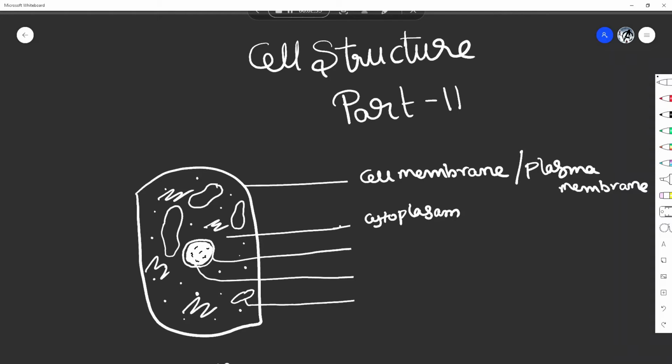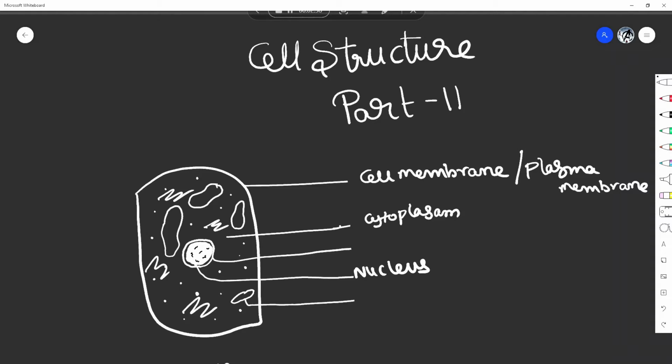You will be learning about these components in detail in further videos. For now, these are the different components present in the cell, which are responsible for various metabolic activities.